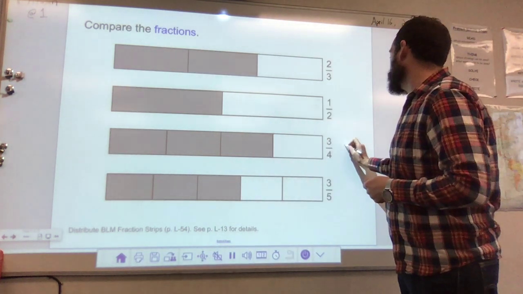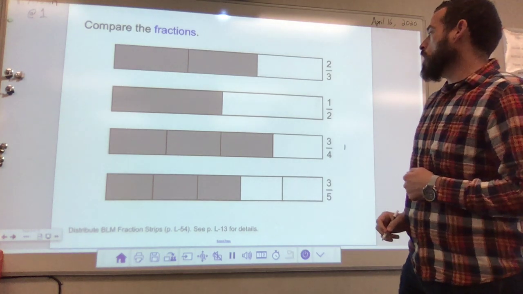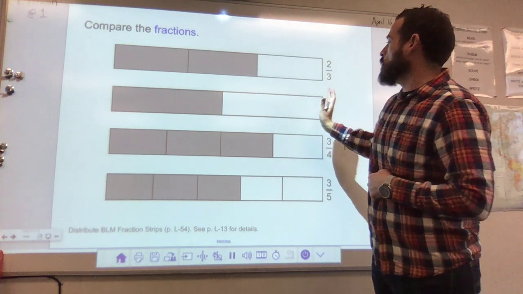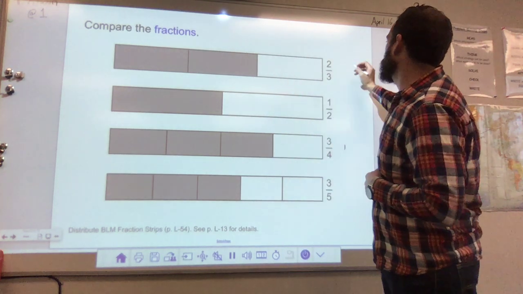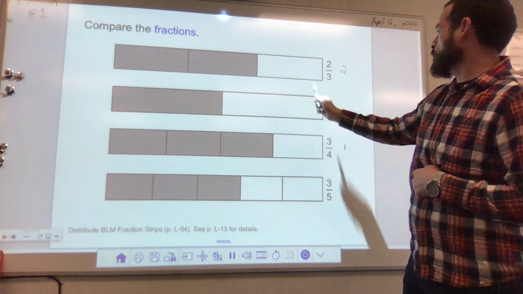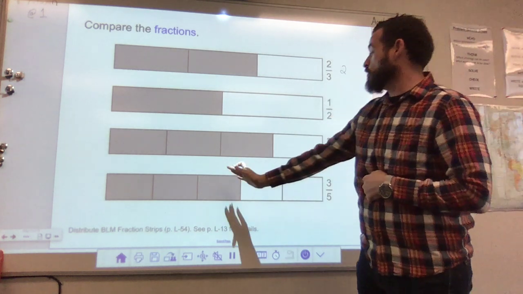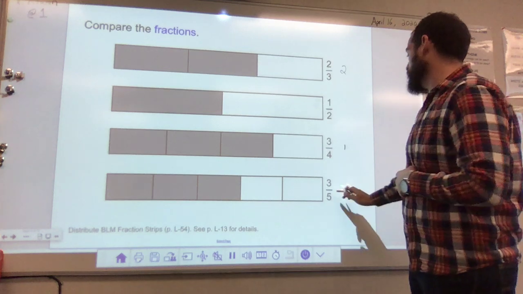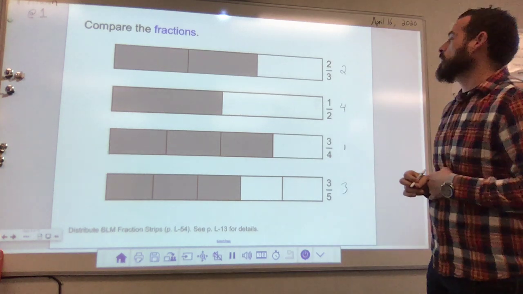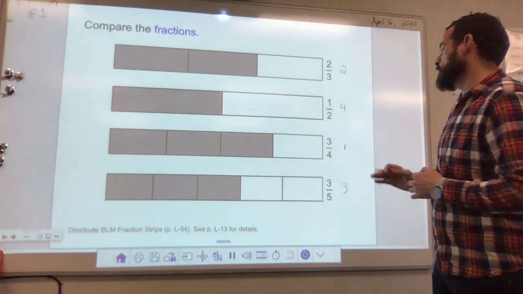So I know that's going to be number 1, biggest. Then I look again, okay, where's our 2/3? Number 2. Then we've got 2 left. And which has more of that whole shaded? 3/5. So that would leave 1/2 as the least here.